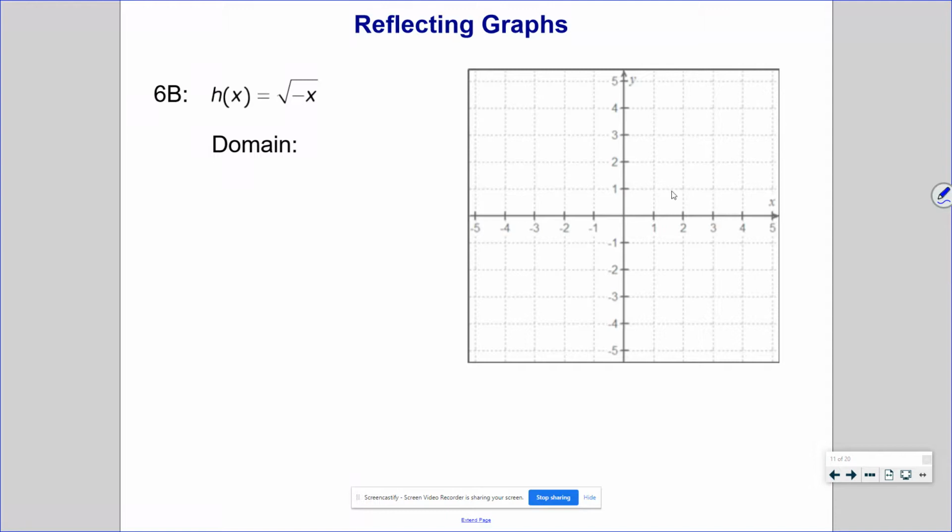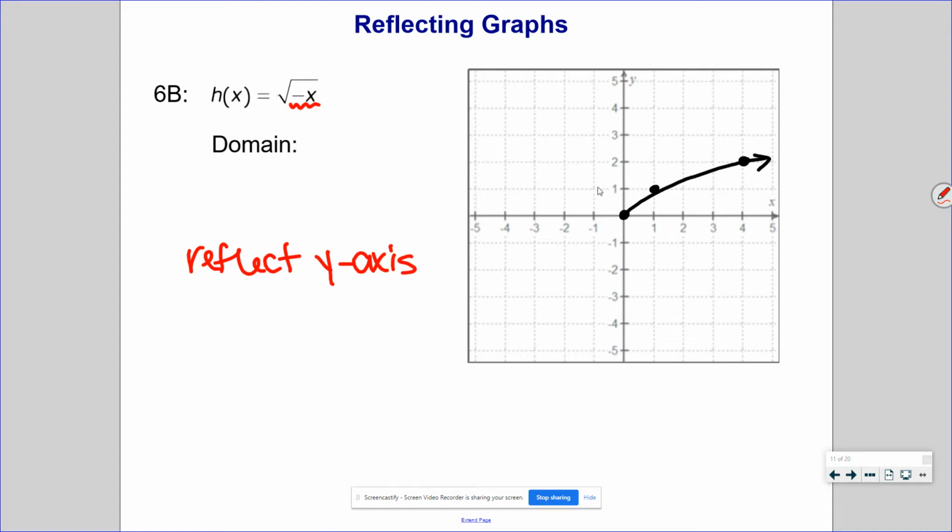Next question, still referring to the square root function. So let me get this up. Parent function, done. And we are doing a reflection again, but which way is it reflecting? If the negative is inside the function, this is a y-axis reflection.